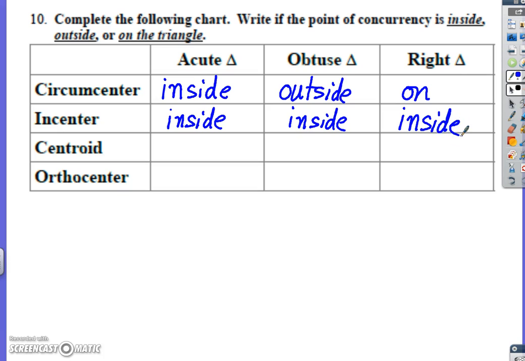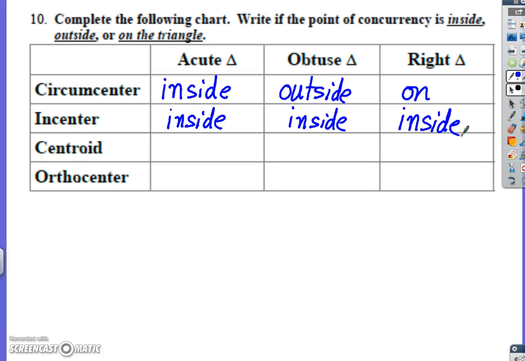Common sense: if we're going to draw a circle inside of the triangle, and it's going to touch each of the sides, obviously the center of that has to be inside of the triangle. There's no other place for it.